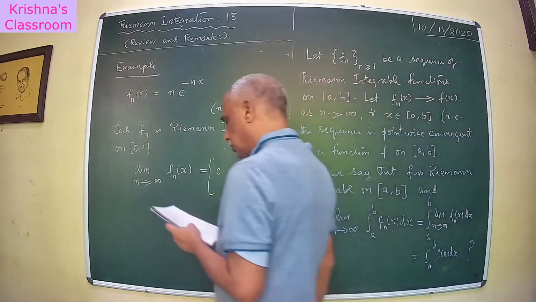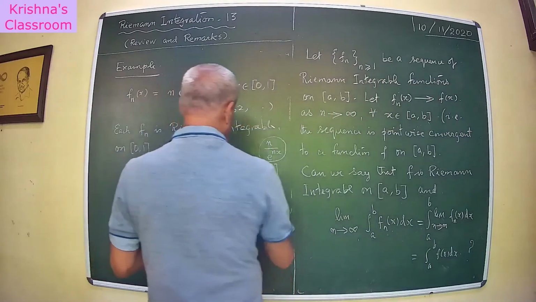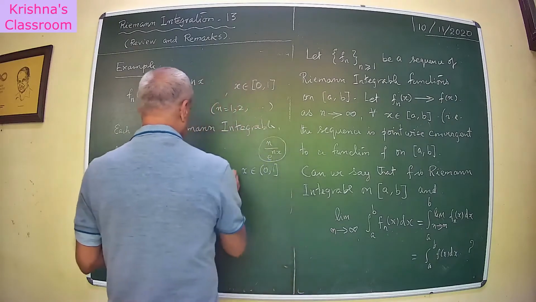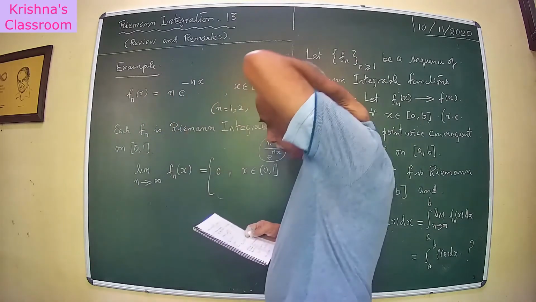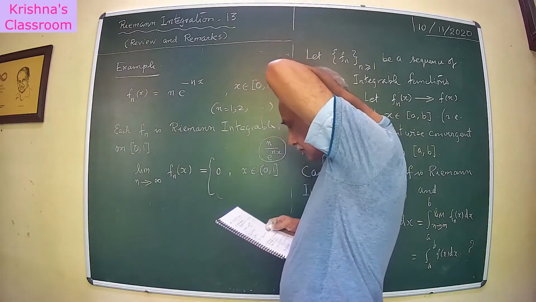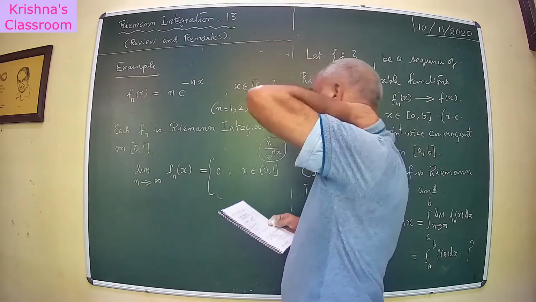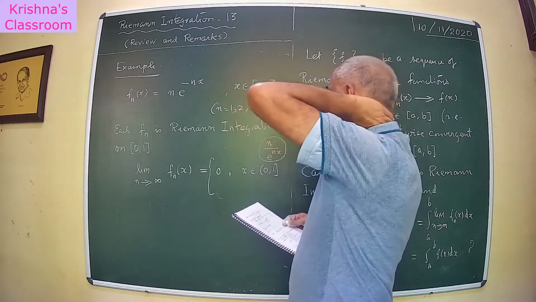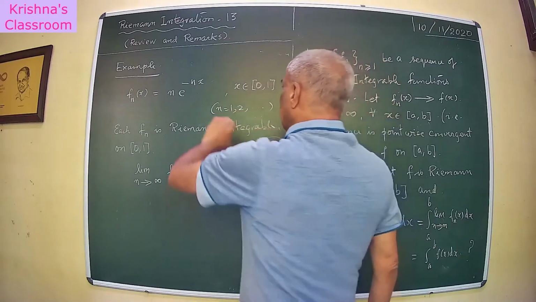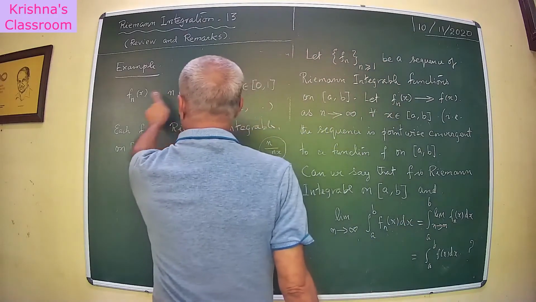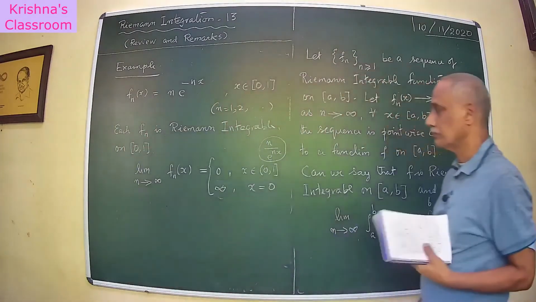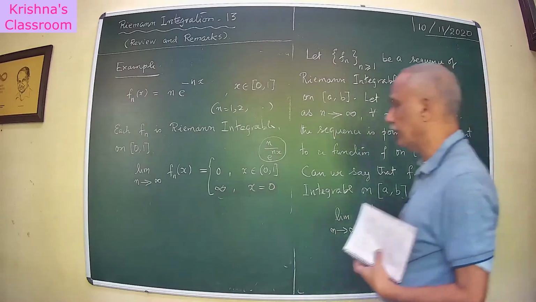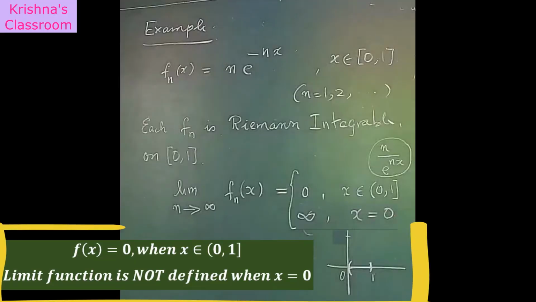And this is equal to 0 for every x in the interval (0, 1]. And at the end point, that is at x equal to 0, the sequence is n, therefore the limit is infinity. So what about f(x)? f(x) is this function.